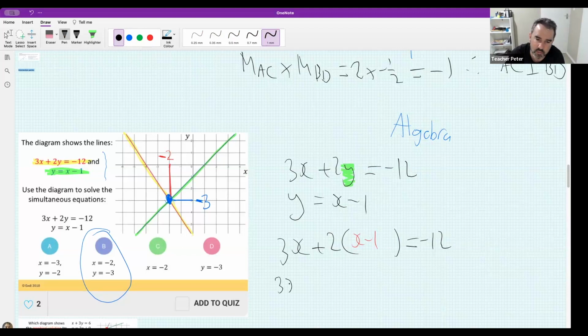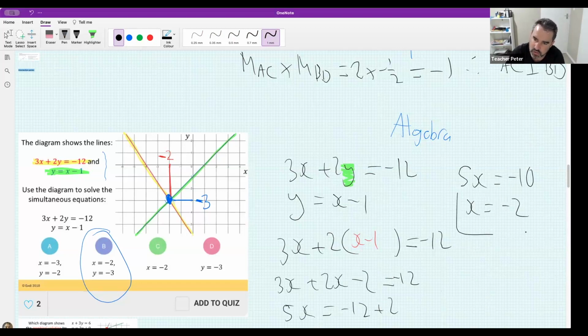We would then multiply the 2 into the brackets and get that. We would then get that, which leaves us with 5x is -10 and x is -2.